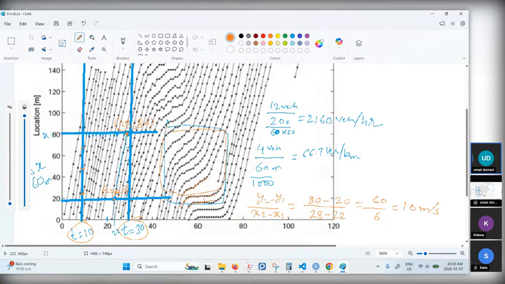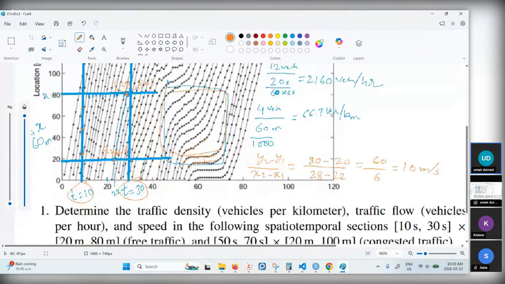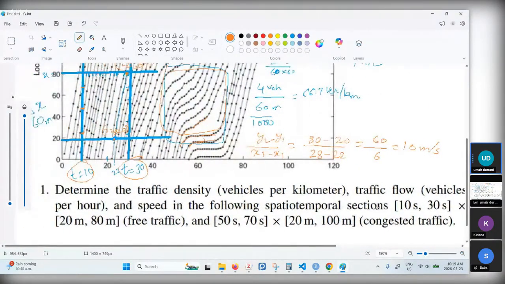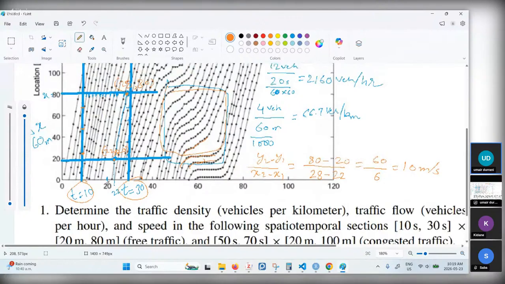So whenever we are taking an average, we should make sure that stationarity is upholding, which means that they are similar. So this region that the question asked about, between 10 to 30 seconds and 20 to 80 meters, is more or less a similar distribution of vehicles.